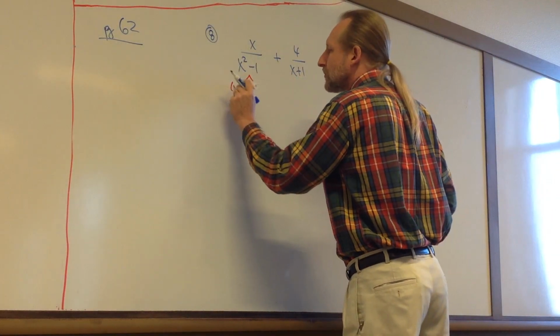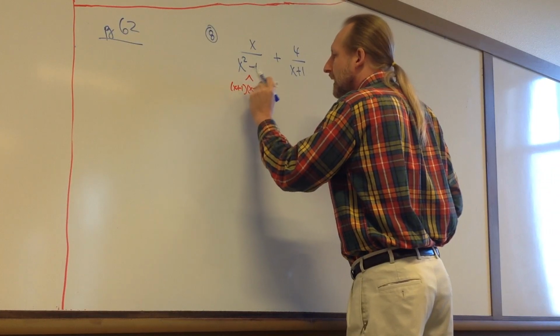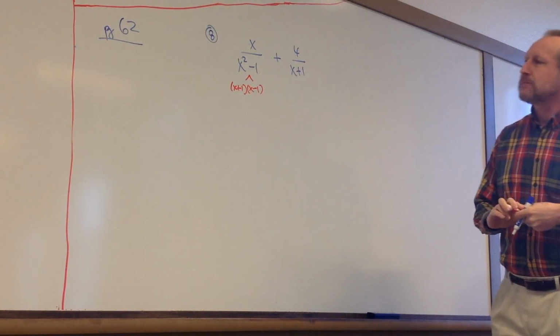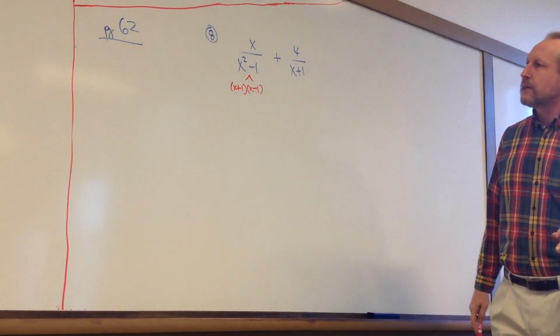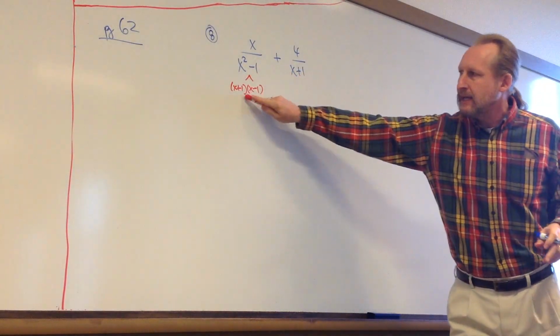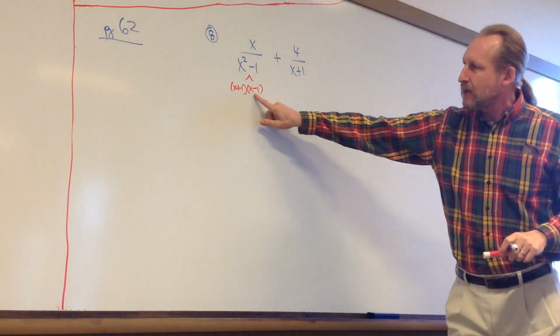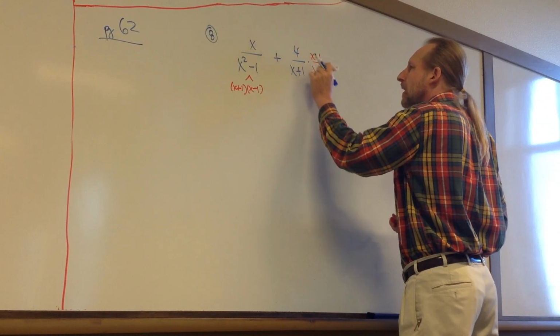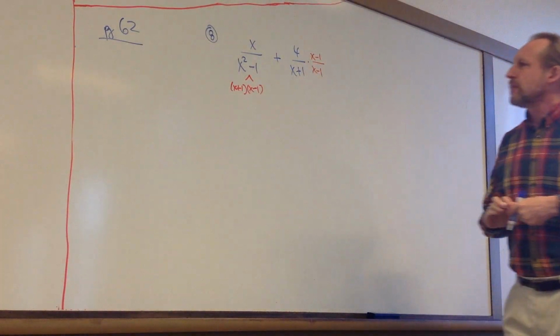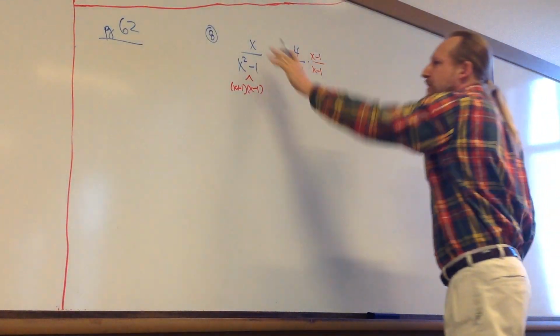This is a difference of squares. It factors as x plus 1 times x minus 1. This is going to be our common denominator. We're going to turn this one into this one by multiplying by the missing factor, x minus 1. So this one needs to get multiplied by x minus 1 over x minus 1. This one stays the same.